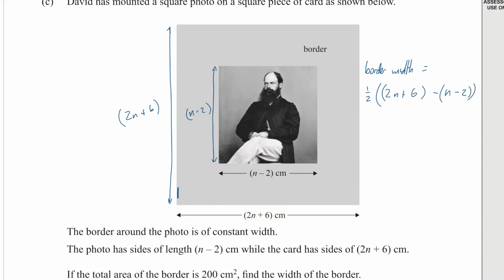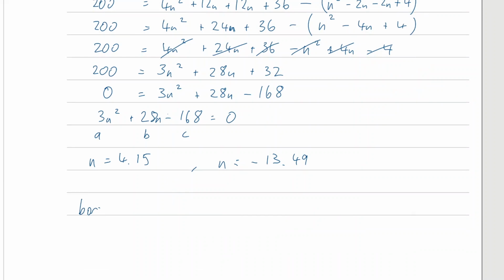So again, card width minus photo width leaves us twice the border, so then we half it. So let's write that in real quick. Border equals half 2n plus 6 minus n minus 2, I think it was. Yep.